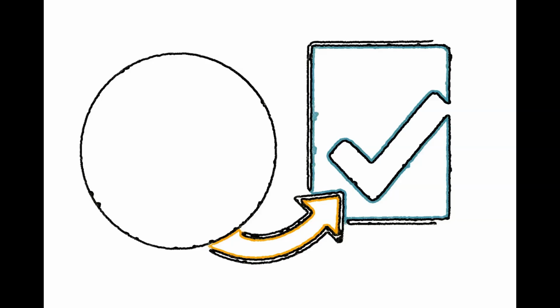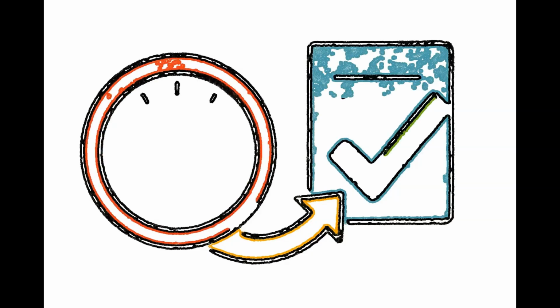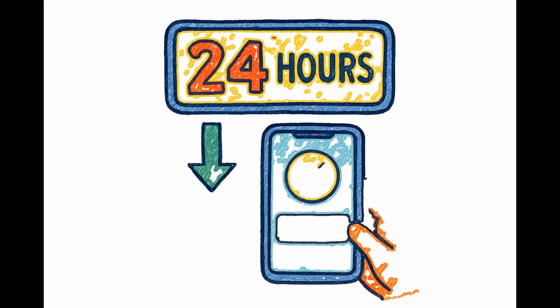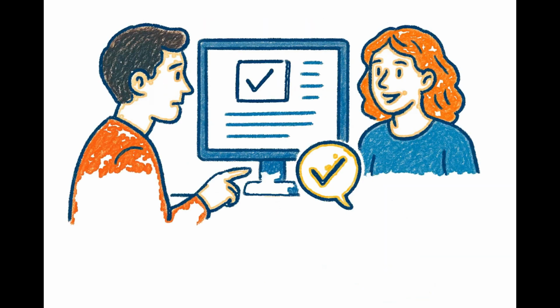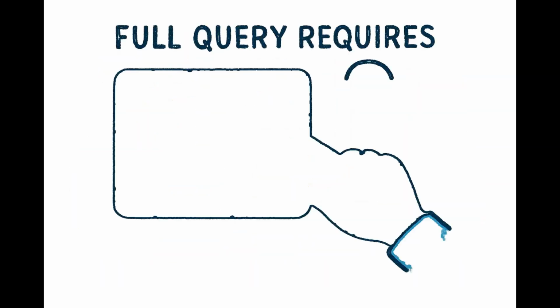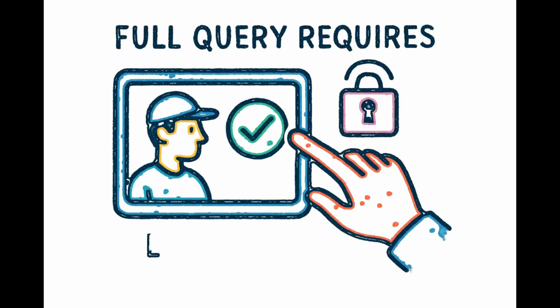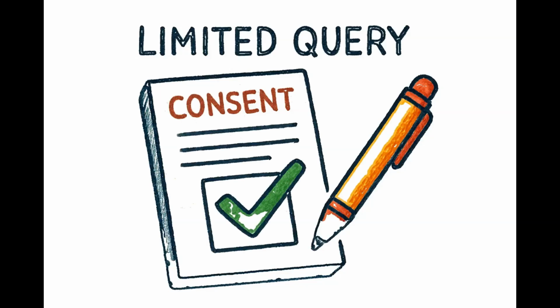It's a simple yes or no answer. It doesn't reveal the details of any violation, just its presence. If the result of the limited query comes back showing that a record does exist, a clock starts ticking. You then have exactly 24 hours to conduct a full query to see the detailed information. And just like the pre-employment check, that follow-up full query requires the driver's electronic consent from within their account. The consent for the initial limited query is different, however.